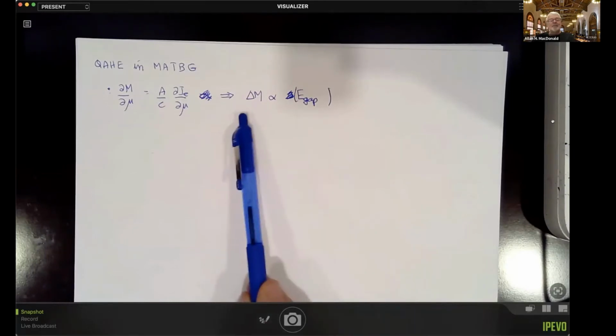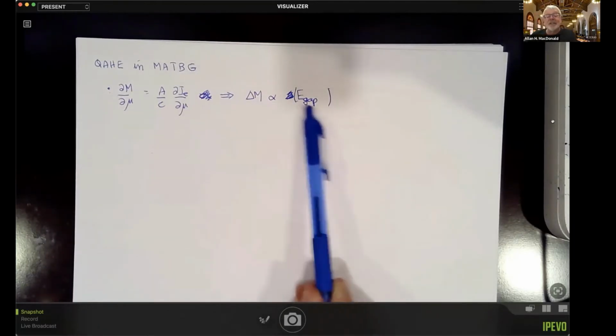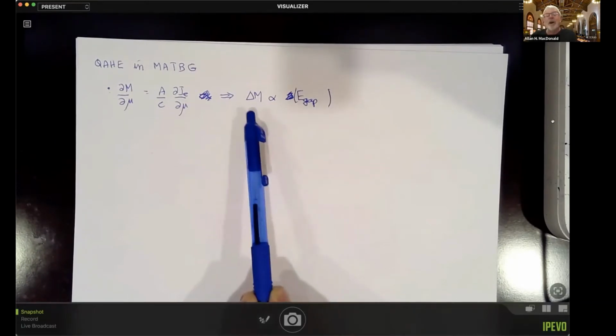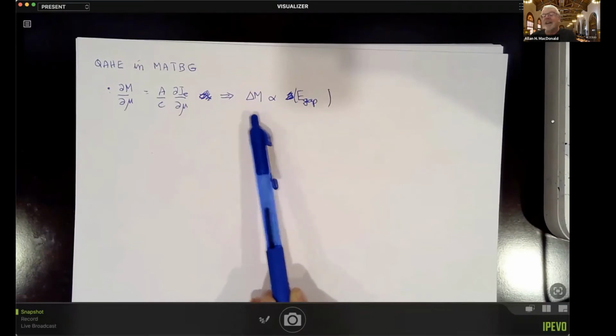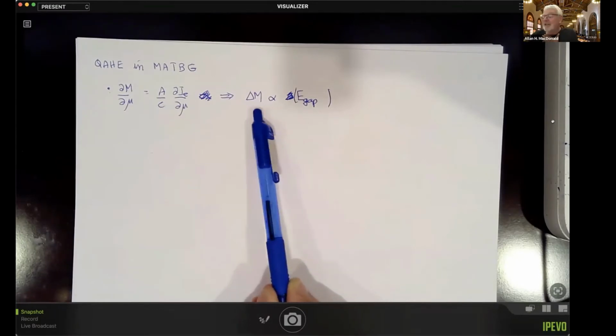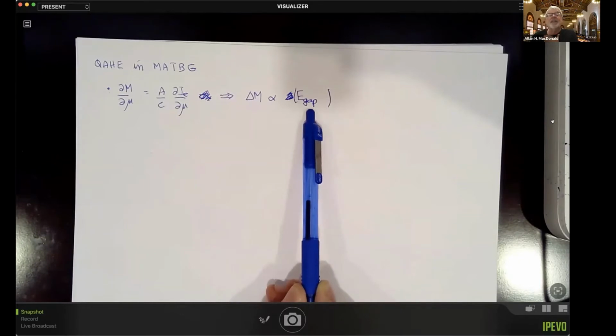And this becomes really interesting phenomenologically, as Andrea was explaining, if this jump is sufficient to change the sign of the magnetization. And the next remark I want to make is that this is actually a tricky quantitative question, whether or not this jump in magnetization is sufficient to change the sign.